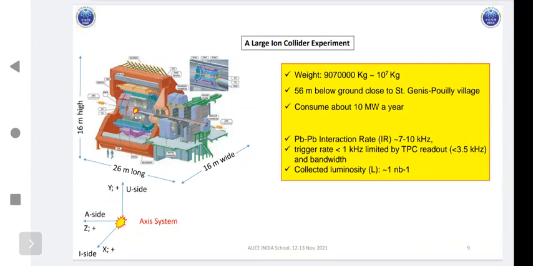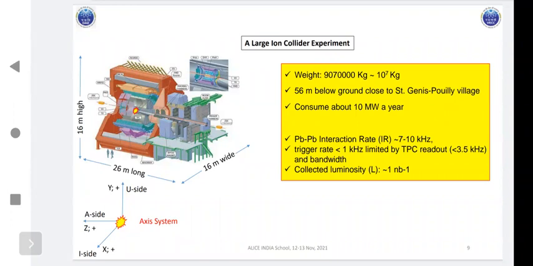If you talk about the dimensions of the whole detector, it is 16 meters high, 26 meters long, and 16 meters wide as well. So we can think how big the detector is, and you can compare by looking at the two persons standing in front of the detector, how big this detector usually is.